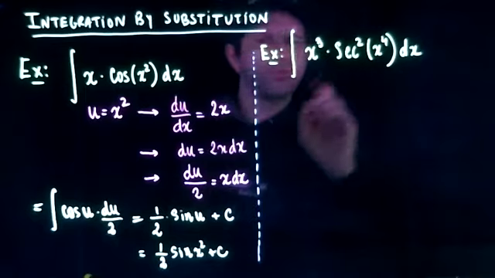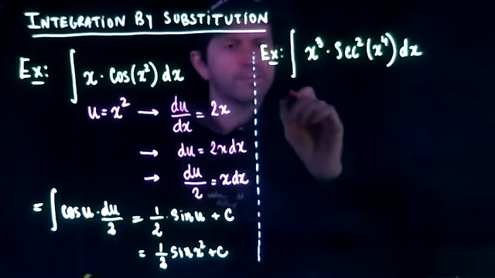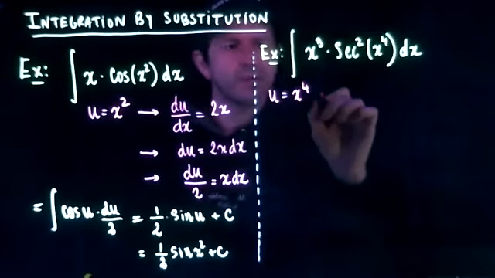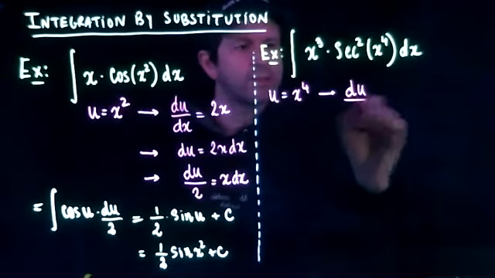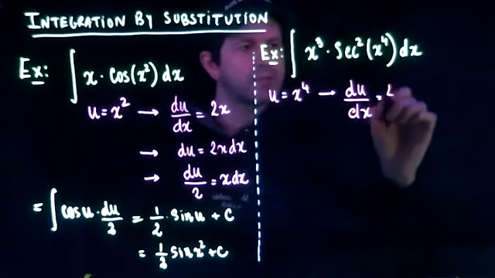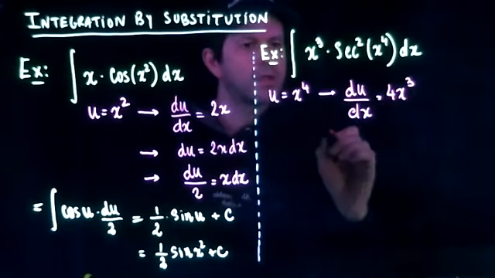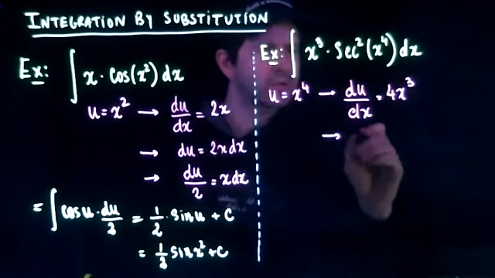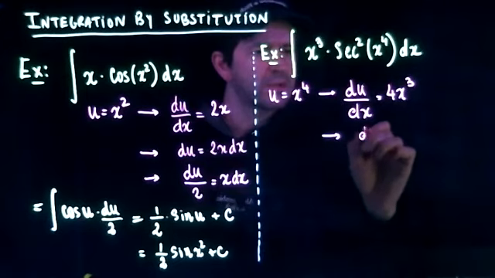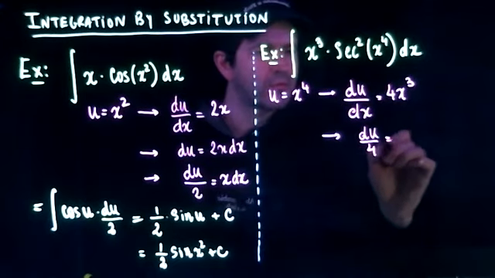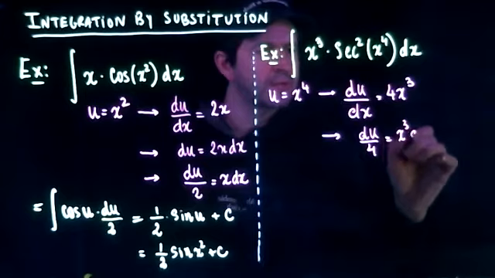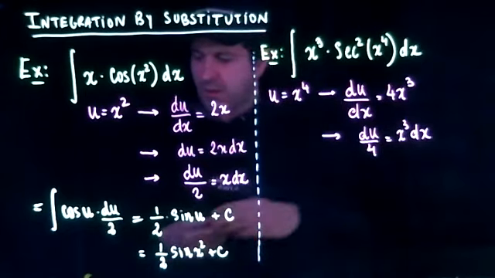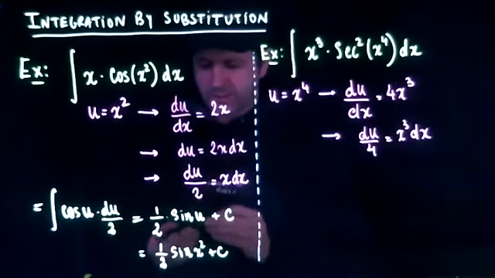So I'm going to put u as x^4, which means that du/dx is 4x cubed. And since I have an x cubed dx here, I will isolate the x cubed dx. So du over 4 is equal to x cubed dx. Then I replace.